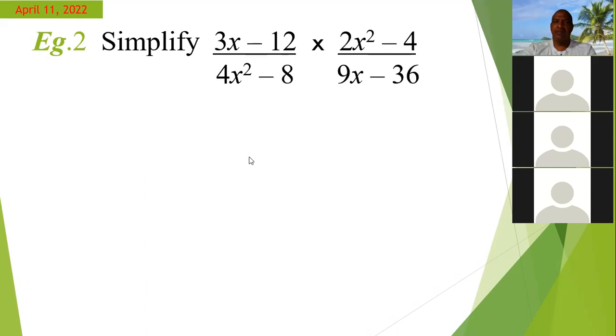All right, moving to the next example. Now here we have two fractions that are multiplying together. Each of these fractions has expressions both in the numerators and the denominator. So what do we need to do here now, guys?